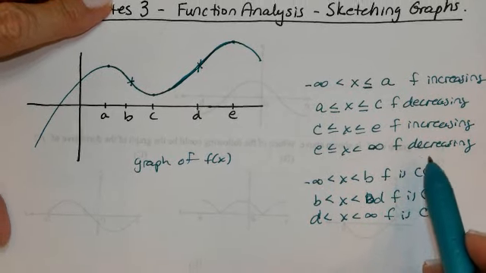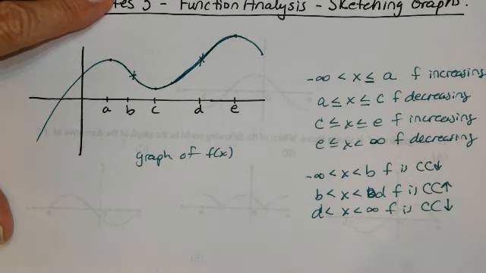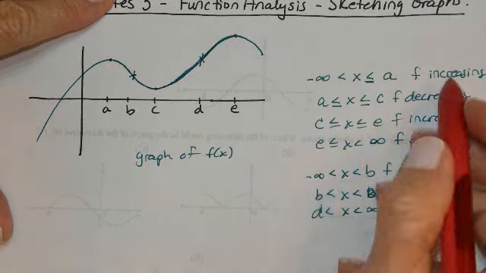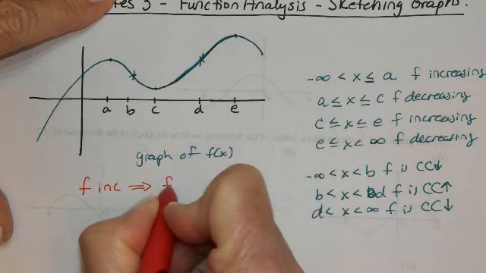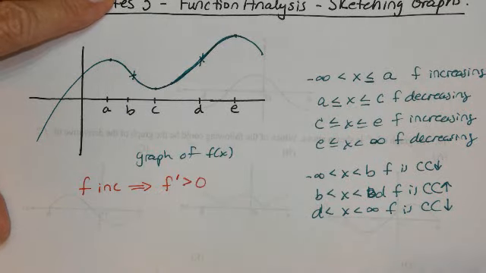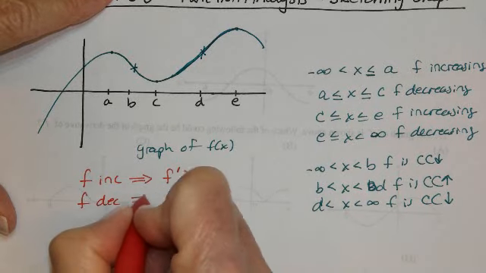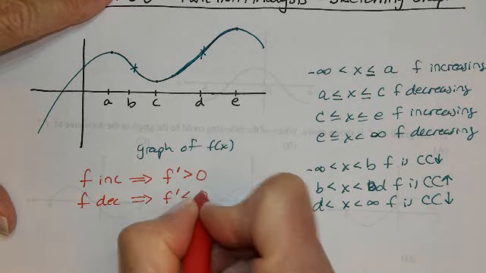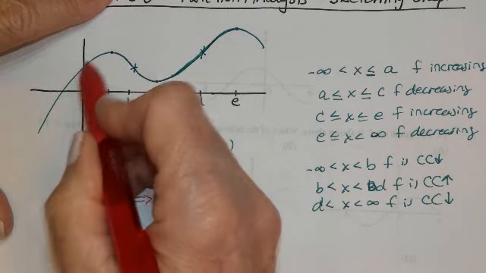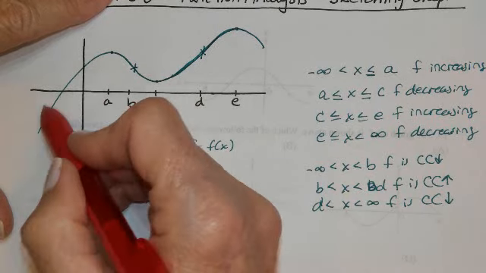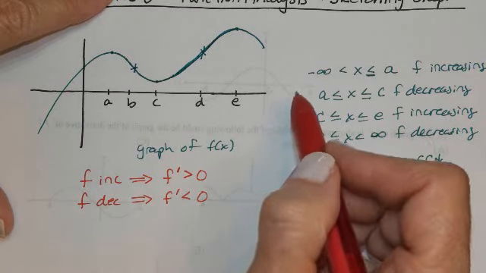So we talked about that. For increasing and decreasing, when f is increasing, that means that f prime is positive. When f is decreasing, that means that f prime is negative. So for increasing, the f would have a positive slope. The tangent line would have a positive slope.